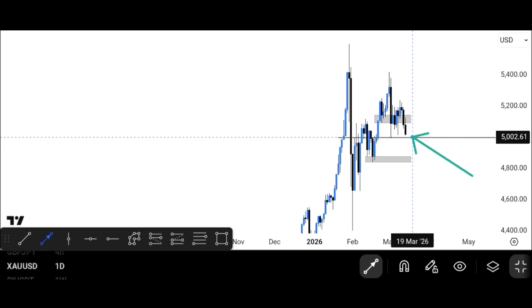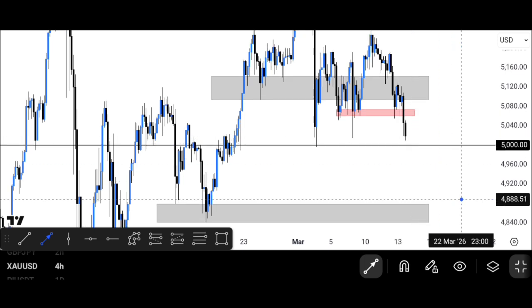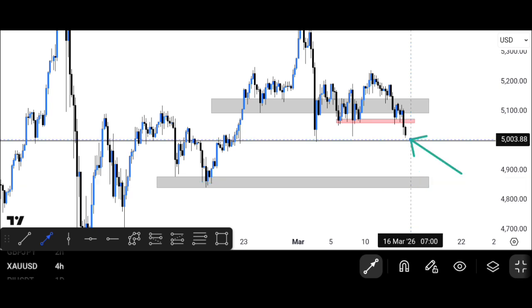Price could react off of that zone, but I don't think price is going to react off of it that much, because I see price potentially making a new lower low. We might get a reaction off that zone, but I'm just saying that so you keep it in mind.